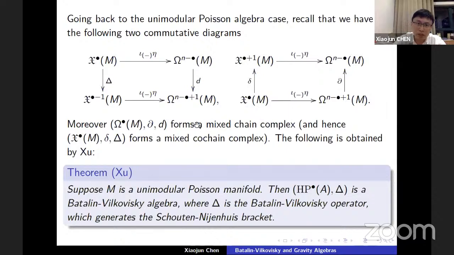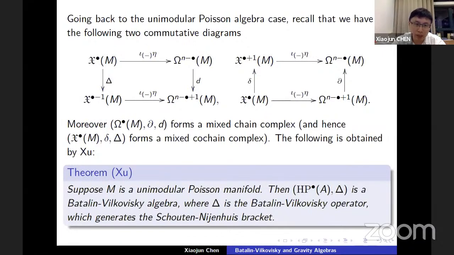Then it's easy to check that this Poisson complex with Poisson boundary and de Rham differential forms a mixed complex, meaning delta and d commute.